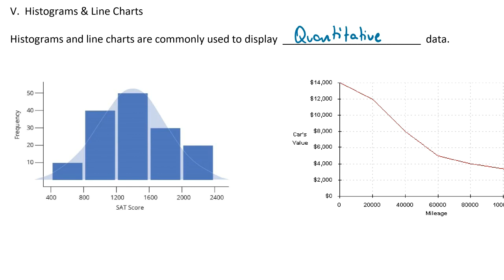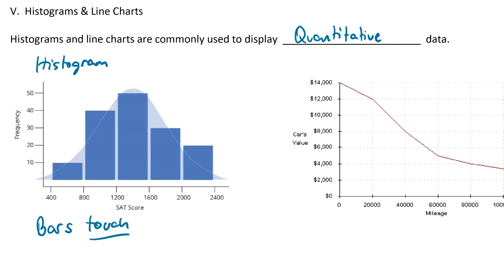So this first one, this is a histogram. So the histogram is very similar to the bar graph with a couple differences. First off, and it's not shown on this one because we want to make this first example really clear and to see what it is, but the bars will normally touch.